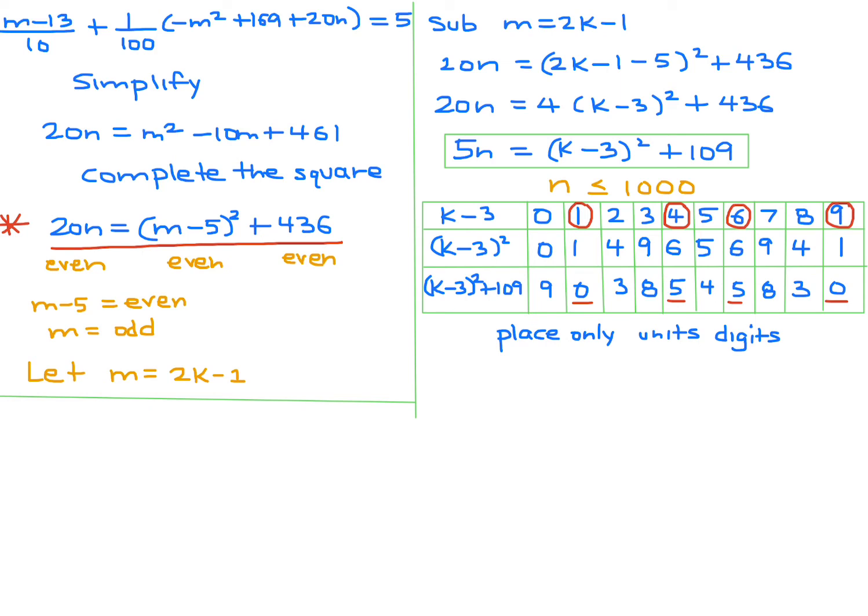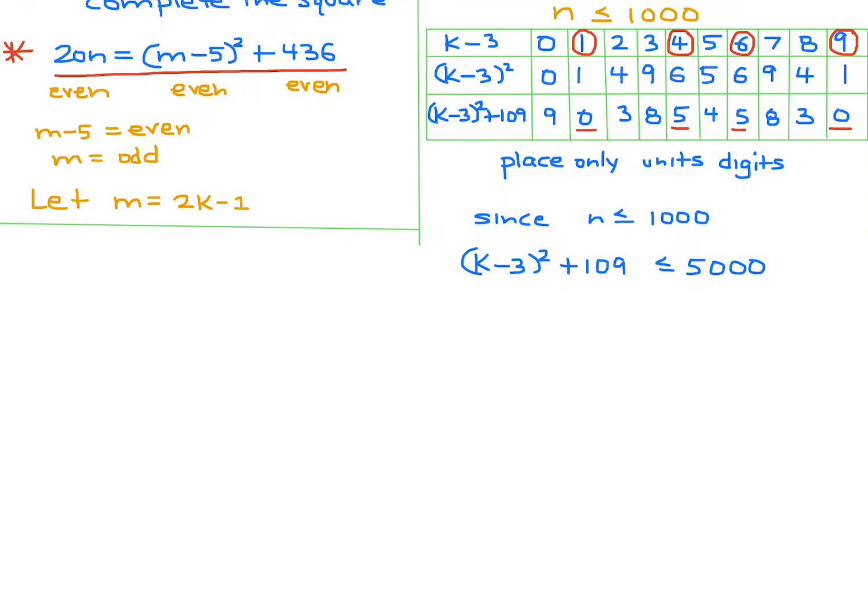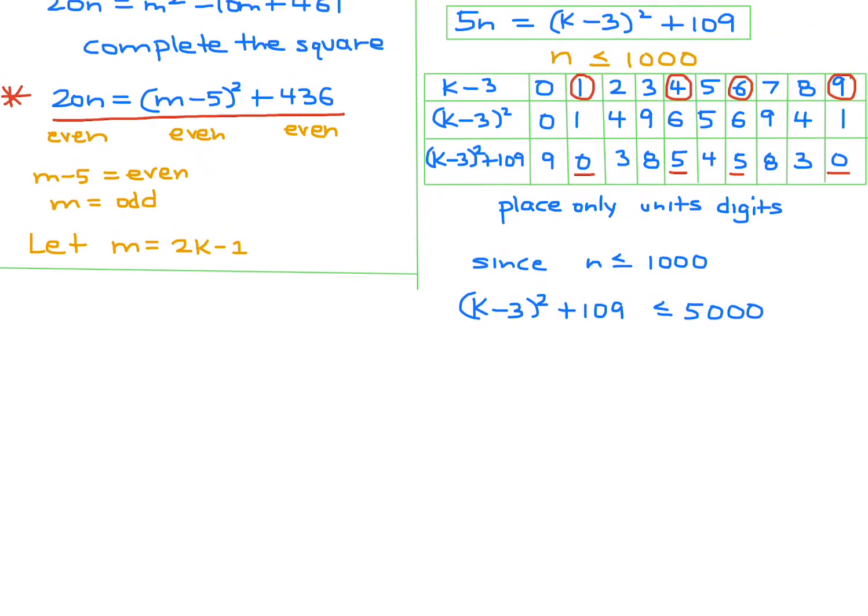All right? Okay, so since my n is less than or equal to 1,000, don't forget about that, a very important parameter, that means that (k minus 3) squared plus 109 is less than or equal to 5,000, since it's equal to 5n. Correct?